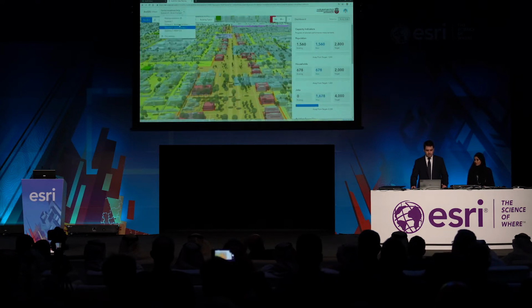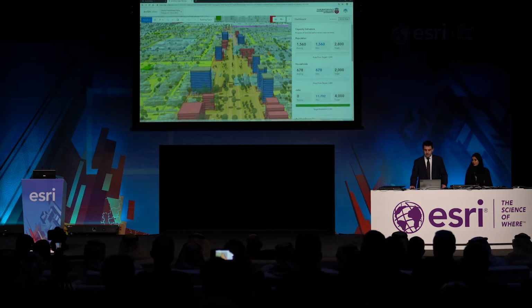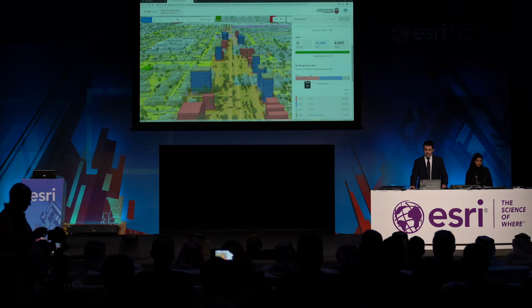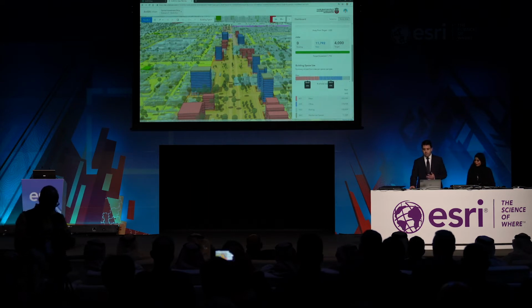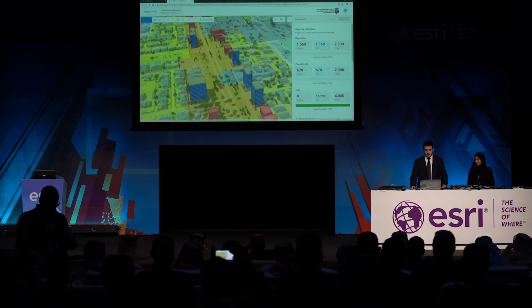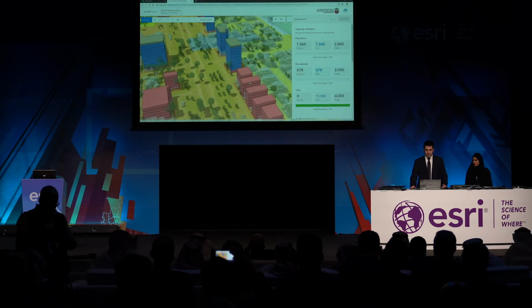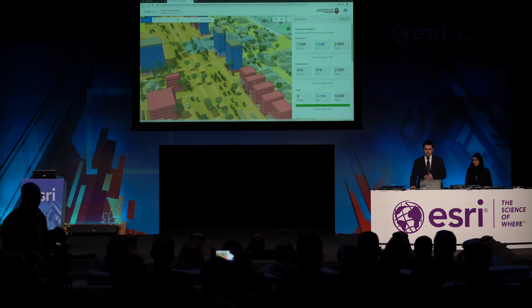In this higher development potential scenario, we can propose new building heights and new building uses, and using the dashboard here, we can see that there's a high percentage of both retail and office space throughout the plan. What you're seeing here are plausible building forms. These are based on the underlying zoning constraints and allow us to compare the existing conditions to what might be built.